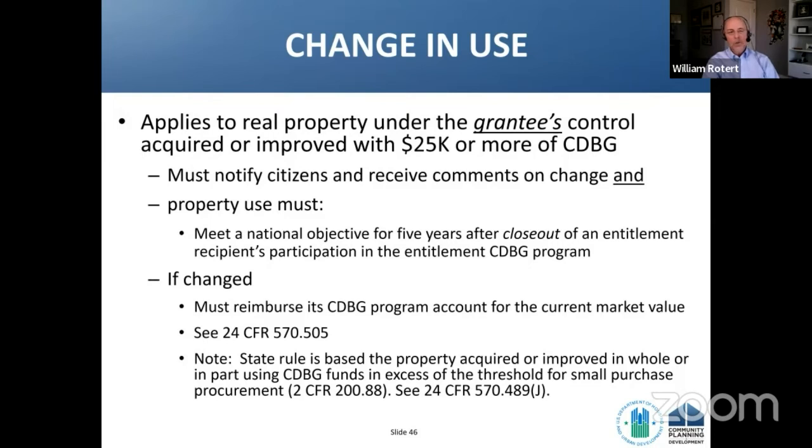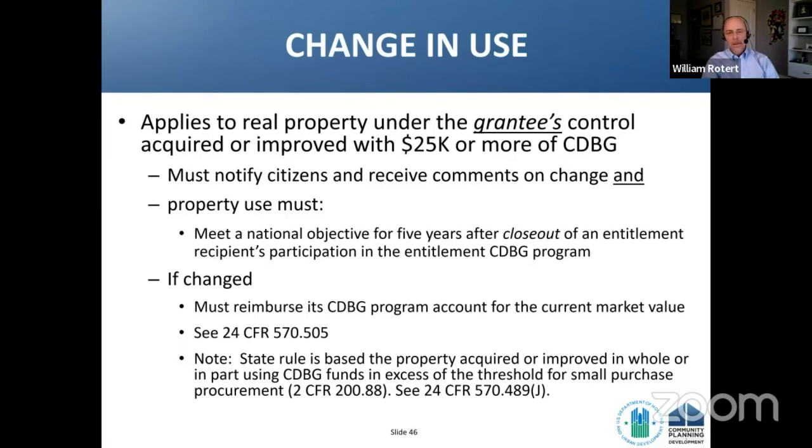So if the use is changed to something that does not comply, you must reimburse your CDBG program at the current market value, just like that subrecipient we talked about a minute ago. The regulations that cover this are found at 2 CFR 570.505.